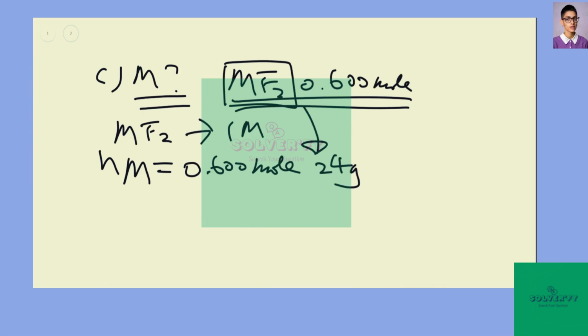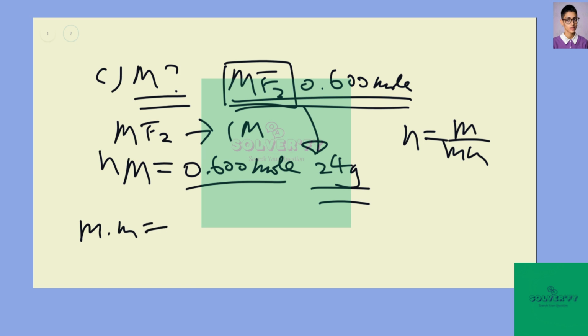And what would be the molar mass? We can find the molar mass, and then we can find the identity, because molar mass is unique to the identity. So from here, we have the number of moles, and then we have the mass, so we can find the molar mass. If you remember, number of moles equals mass over molar mass, and then molar mass will be equal to our mass divided by number of moles.